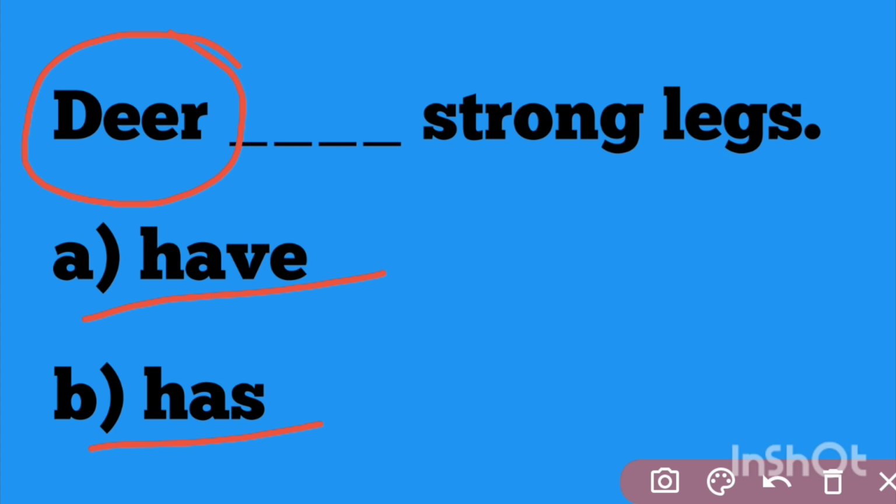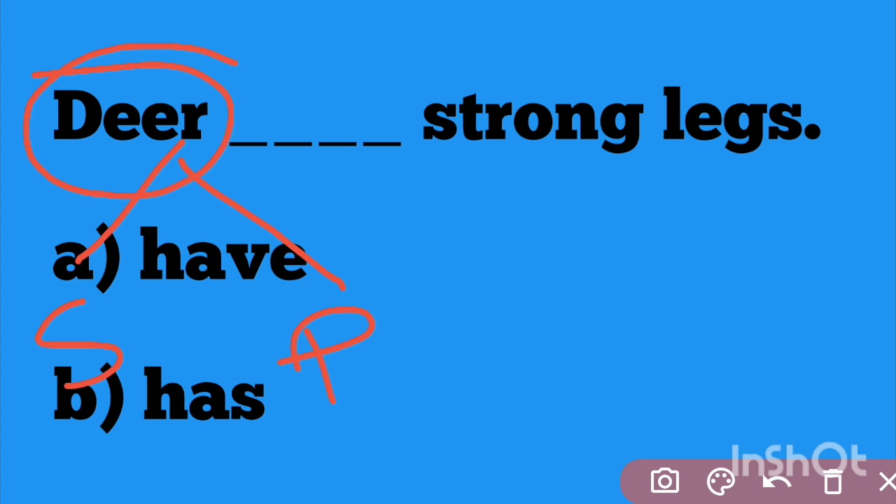Now the problem is that the singular form of dear is dear and the plural form is also the same. That means dear may be singular, dear may be plural. Now we have to decide whether this term is singular or plural.